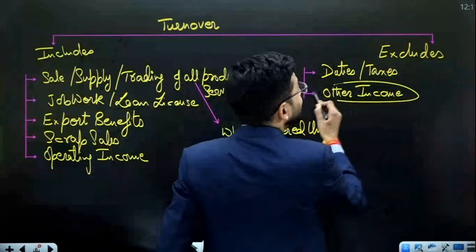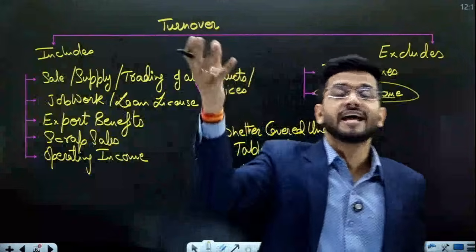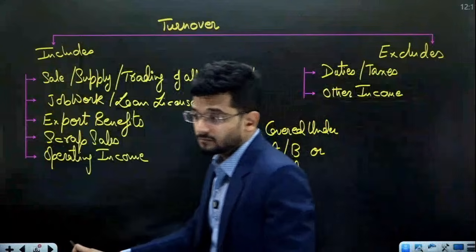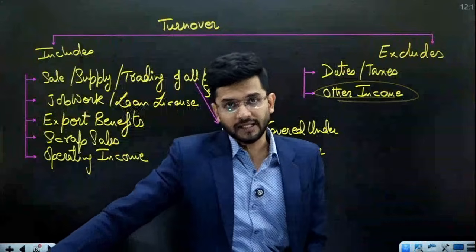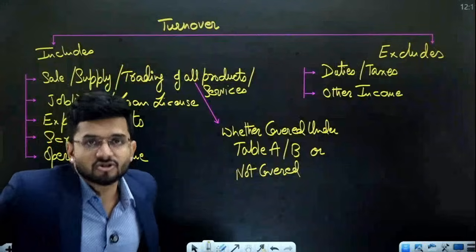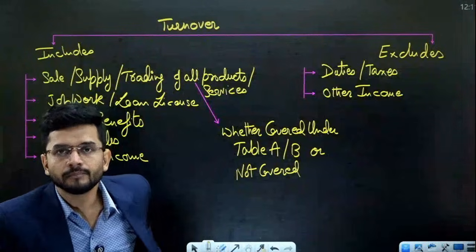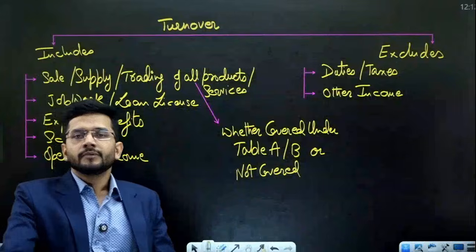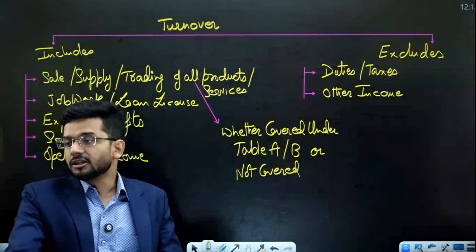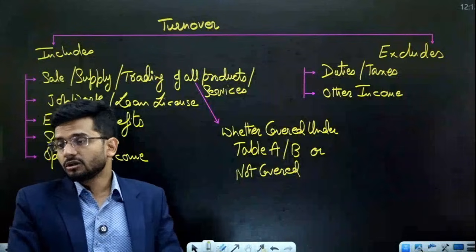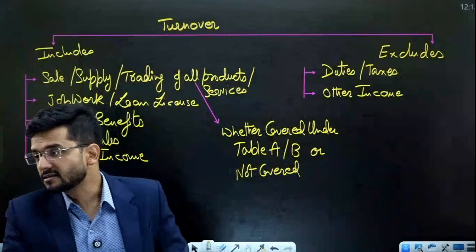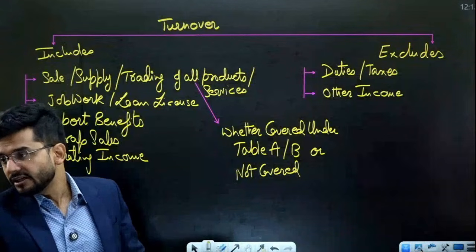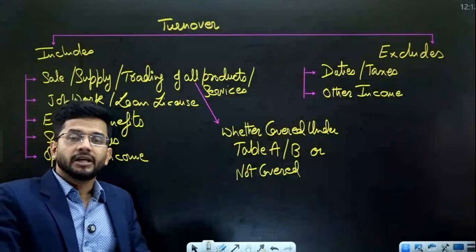Secondly, any other income. Other income means income like financial income, non-operating income. Like you have earned interest on your savings bank account or any other account, or the company has earned dividends because it has invested in shares. So any kind of dividend is to be ignored.